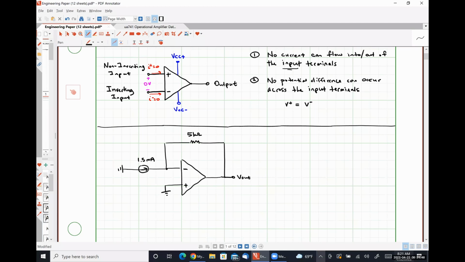Okay, so let's talk about how we are going to analyze these circuits. There are really a couple of different ways that we can approach it. We are going to try to formalize an analysis method that'll get us the right answer, let's call it 99% of the time.